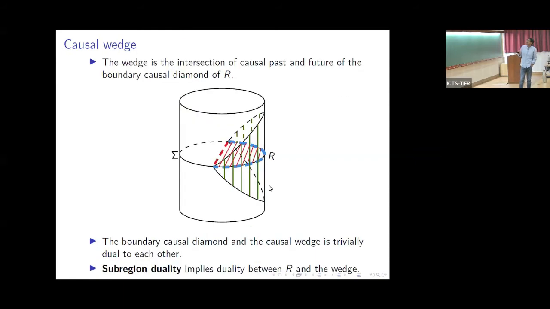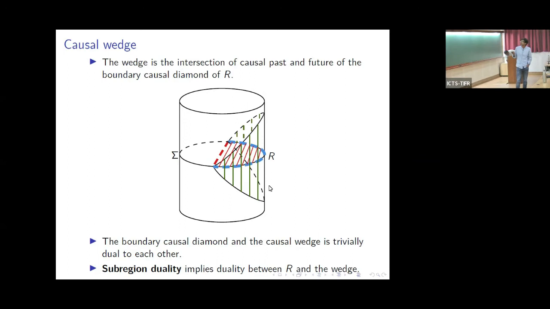So first let's talk about the causal wedge. This is the simplest entanglement wedge. I have taken the region R, like half of this circle. This blue region is my region R, and this thick red line is this minimal surface.